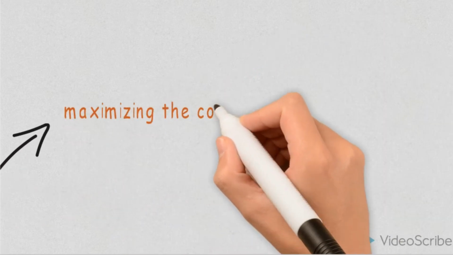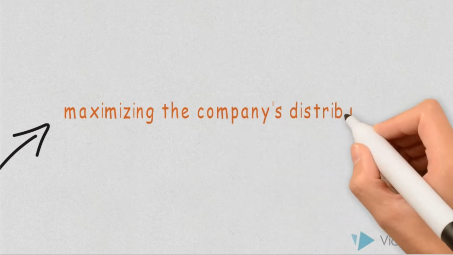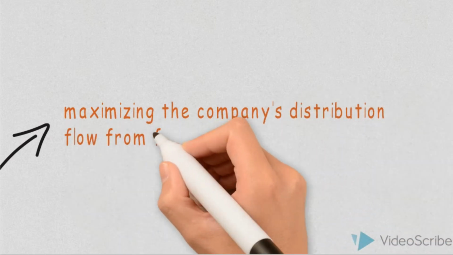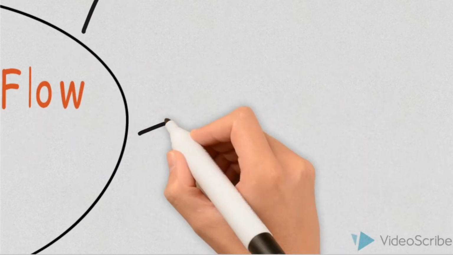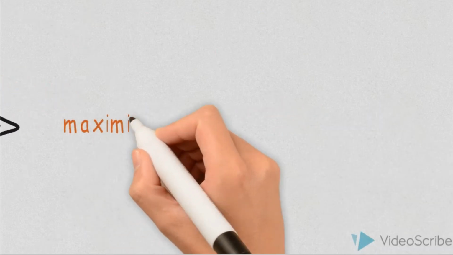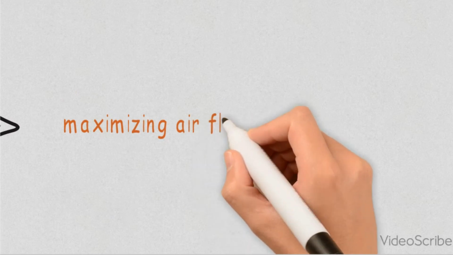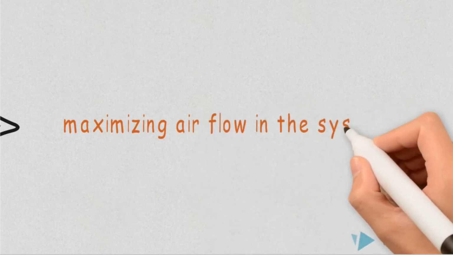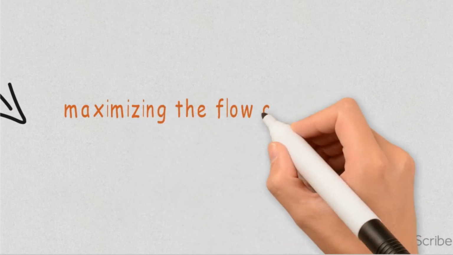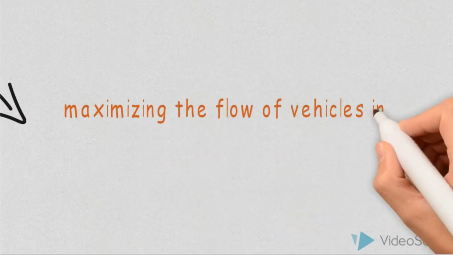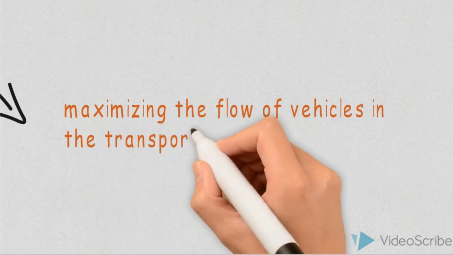One is maximizing the company's distribution flow from factories to consumers. Two is maximizing airflow in a system. Three is maximizing the flow of vehicles in transportation.